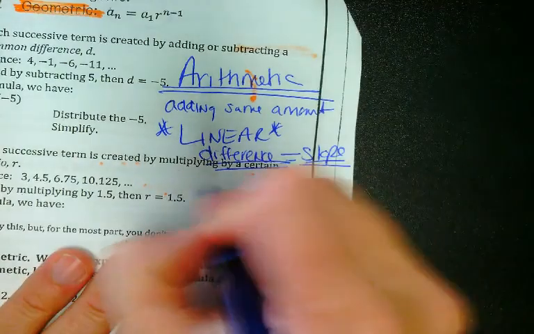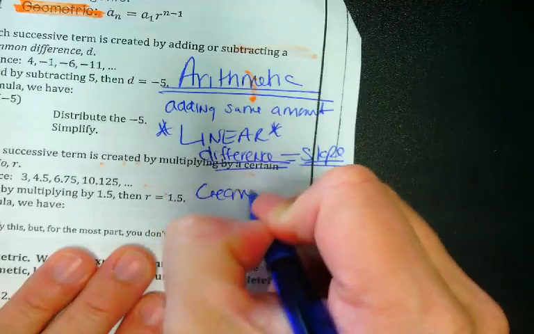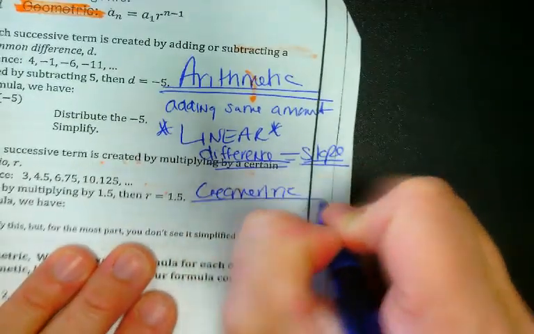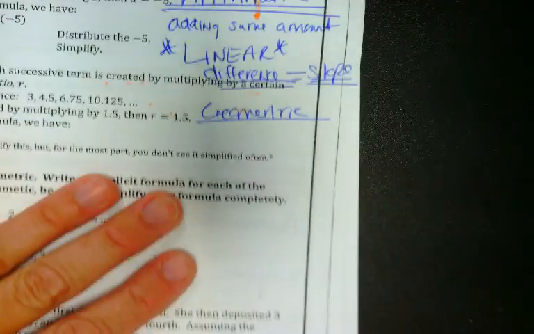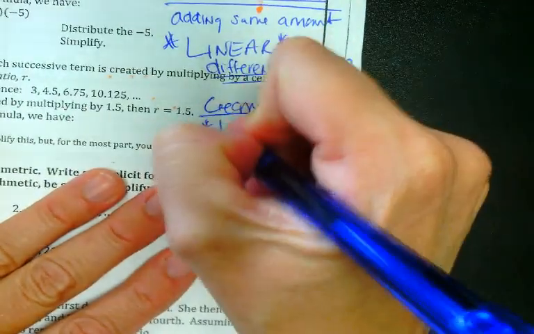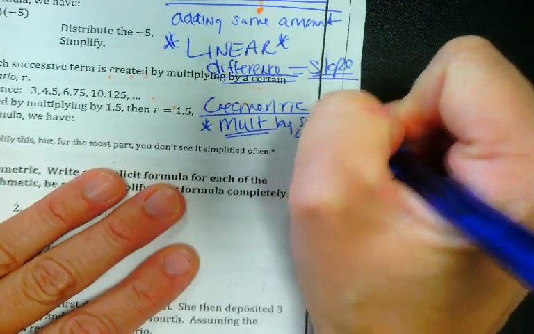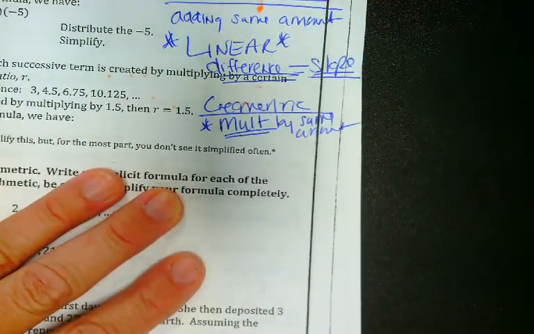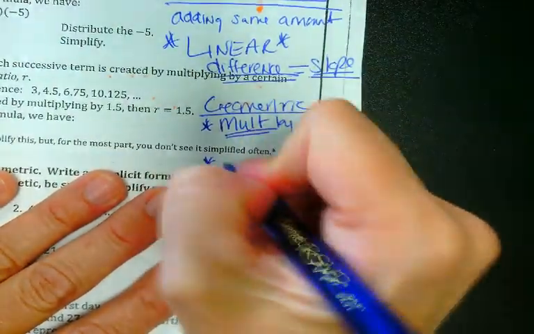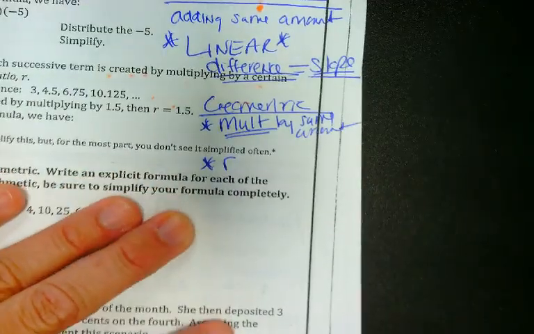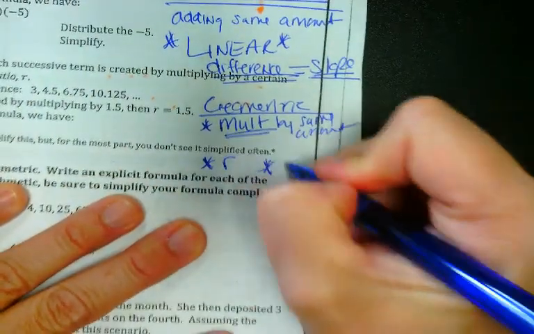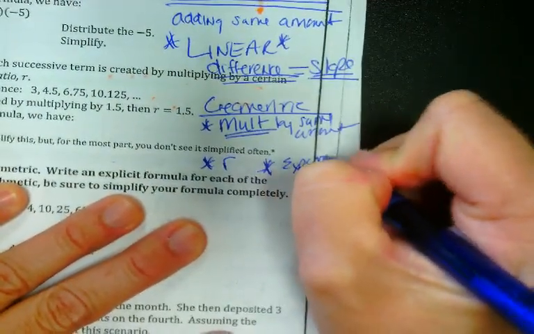If I skip down to geometric, this time you're not adding the same amount, you are specifically multiplying by the same amount. This one has what we call the ratio, and if I were to graph this out, this will make an exponential function.